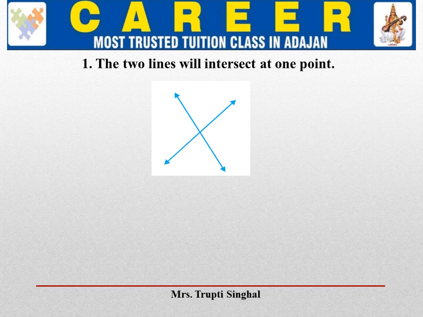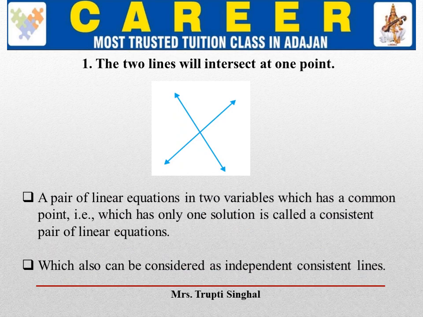How can we see that in the graph? In this way, intersecting at one point, a pair of linear equations in two variables which has a common point, which has only one solution, is called a consistent pair of linear equations. That means if the lines are intersecting at a unique point, then the lines are called consistent lines, which can also be considered independent lines.